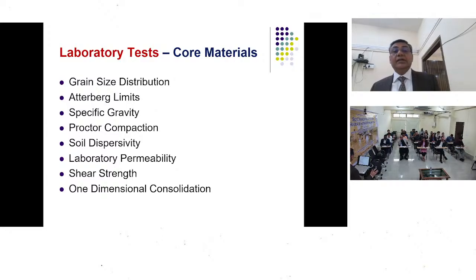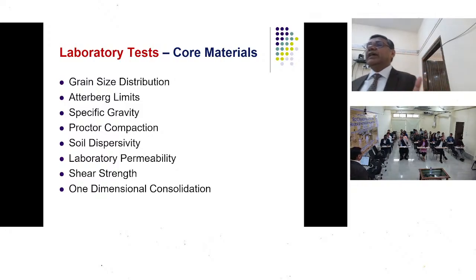And in the course, as I was saying, in the laboratory you have to go for grain size, Atterberg limits, specific gravity, Proctor compaction, soil dispersivity, permeability, shear strength, and one-dimensional consolidation. Now, you may say that all these tests we have carried out using the identification of the borrow area, so why do them again? As I was saying in the starting also, construction of dams is a very slow process.